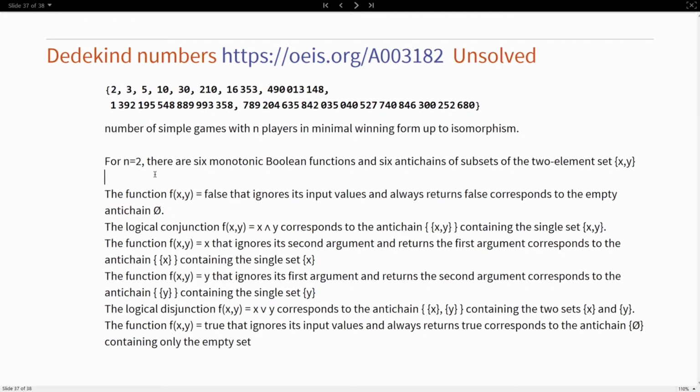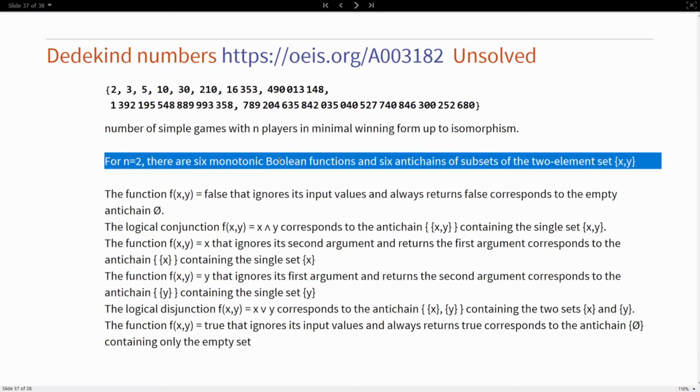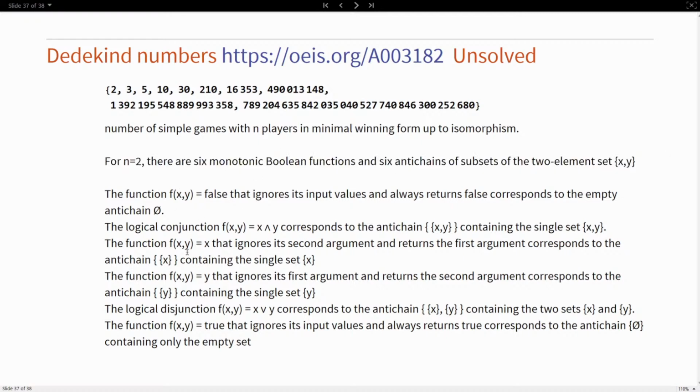Here's one way of representing the various variations of this, and these Boolean functions have these variations up here. I believe this corresponds to Dedekind number 10, but it's unsolved what the next term would be for this.